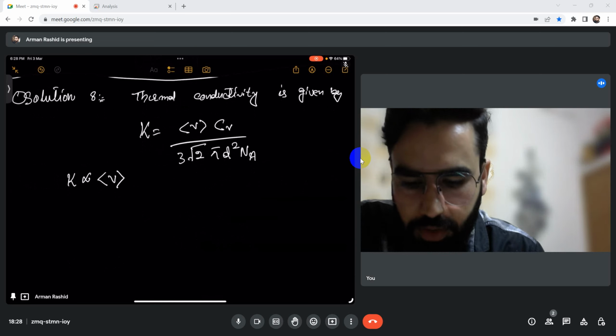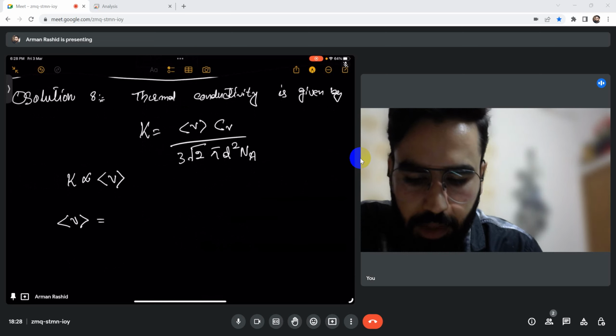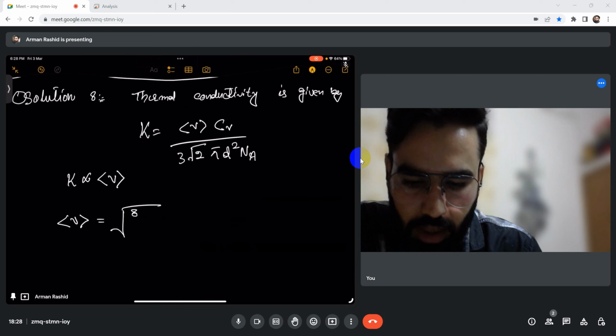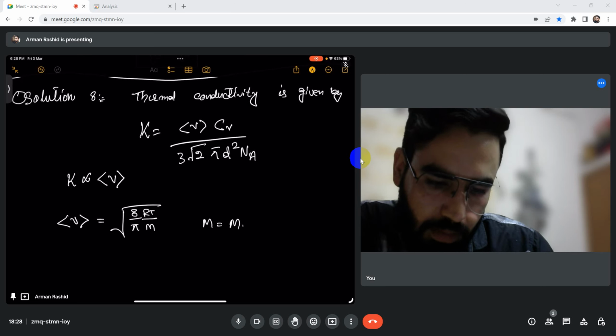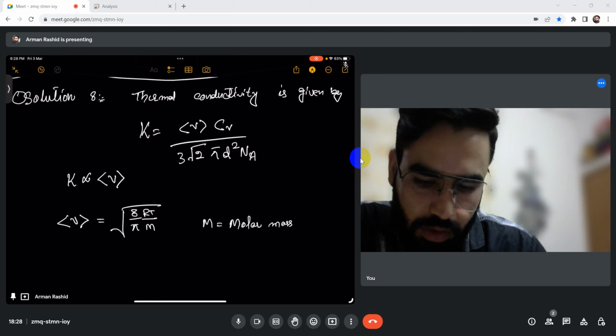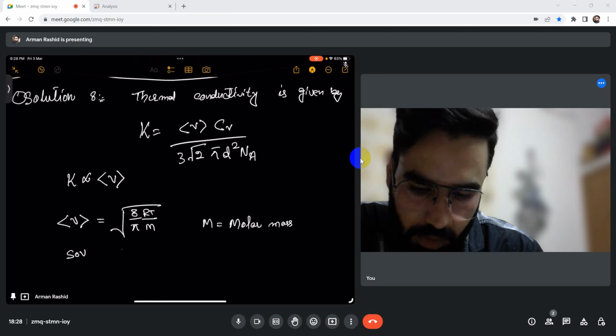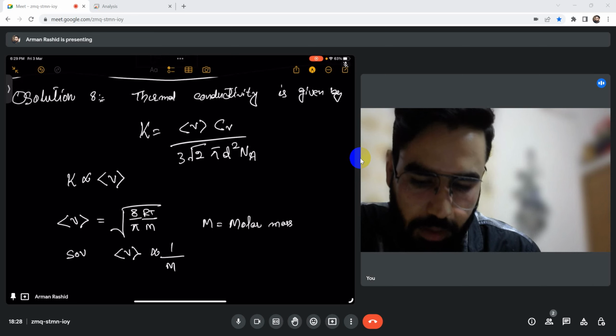But we know that average speed is given by the square root of 8RT by pi m, where m is the molar mass. So V is inversely proportional to molar mass.